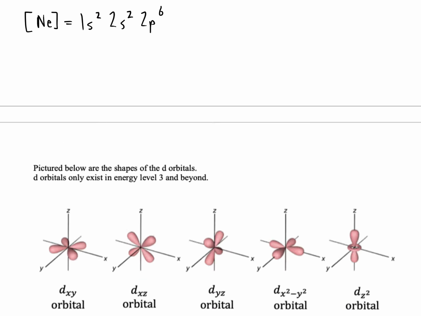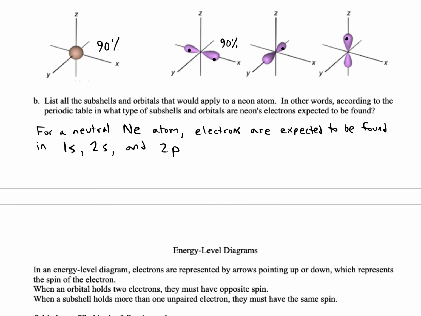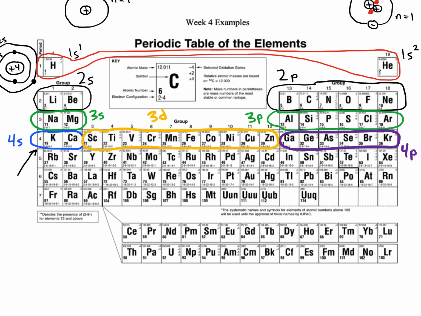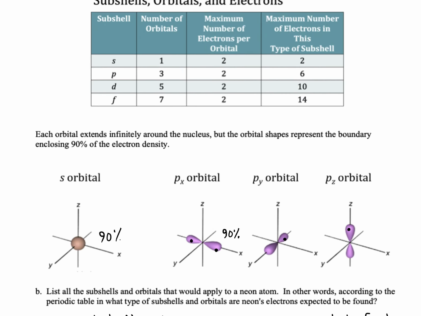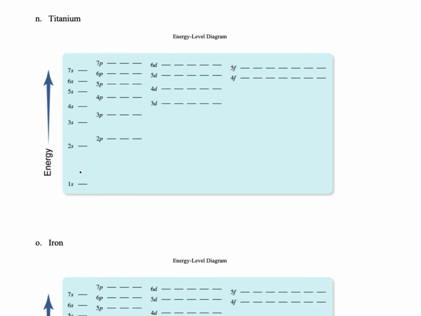For titanium, we're going to follow a similar approach as for scandium. Titanium is the second element here in the 3d section. So we'll want everything that scandium has, but we'll put one more electron.